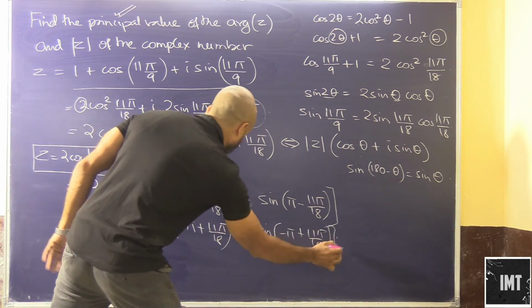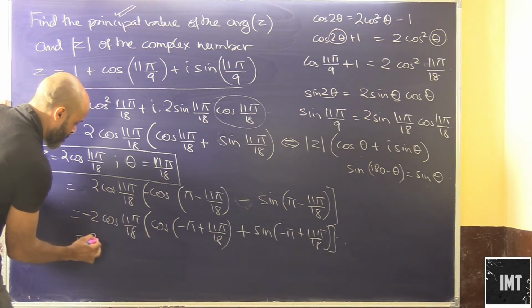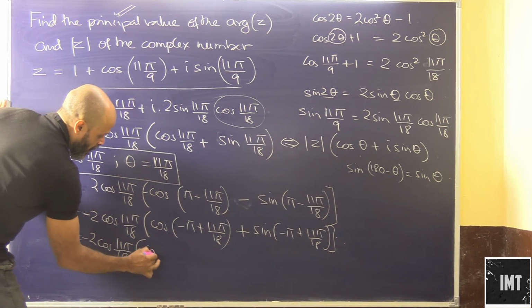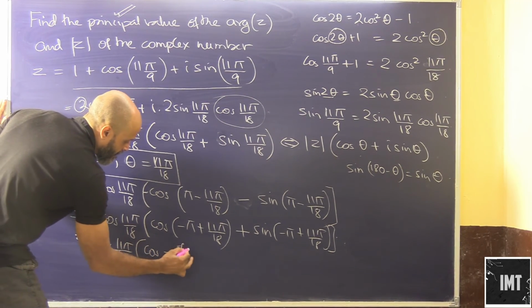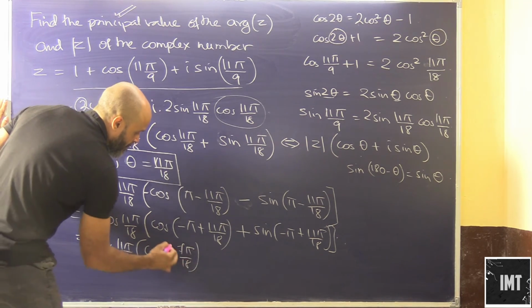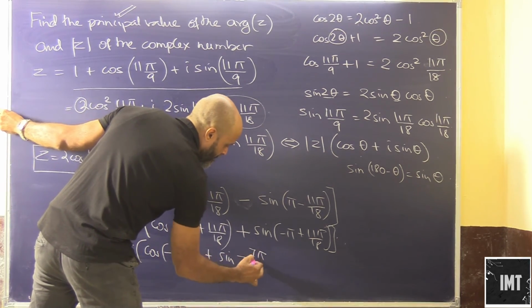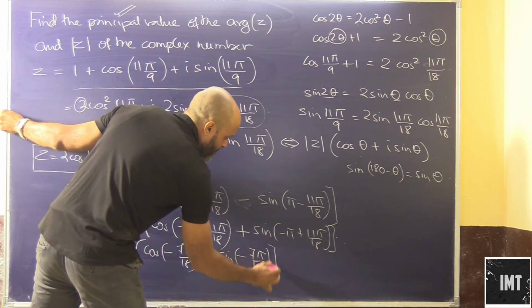So this is going to give us minus 2 cos 11 pi by 18 into cos of minus 7 pi by 18 plus sine of minus 7 pi by 18, and this is the principal value.